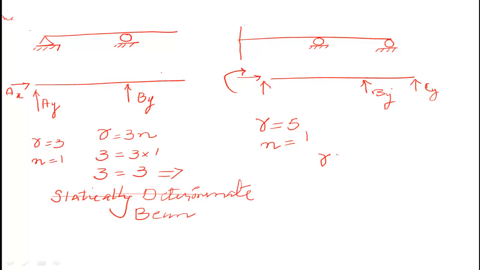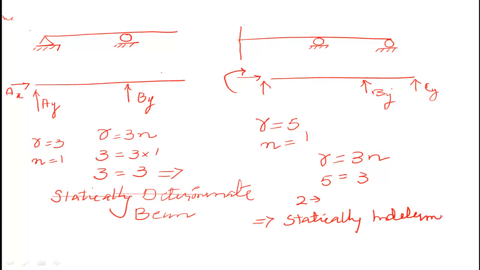We have the equation r = 3n. That means r is 5 and 3 into 1 is 3. That means it has a difference of 2. So therefore we can write that this beam is statically indeterminate by 2 degrees.